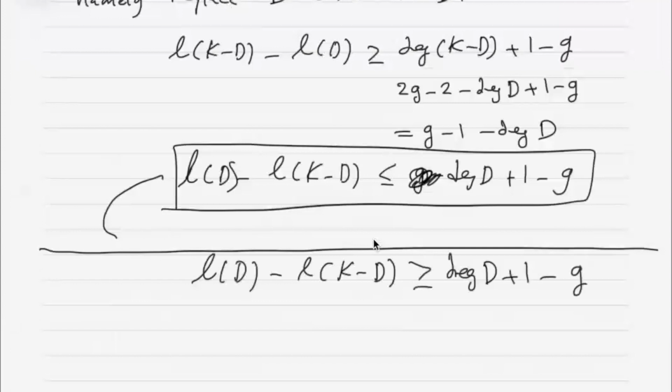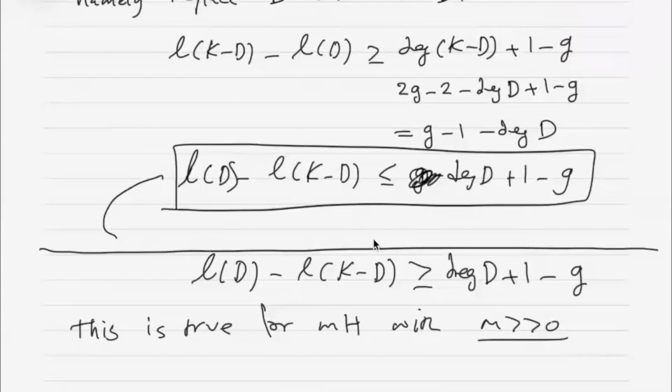So this is true for MH with M large. The reason is that when M is large, degree of MH is very large. Degree of MH is Mn. And when k minus d has negative degree, then there is no function in there, and therefore the dimension is going to be 0.